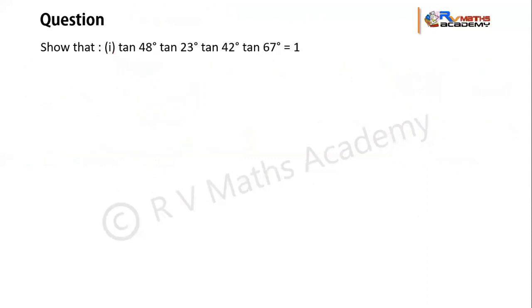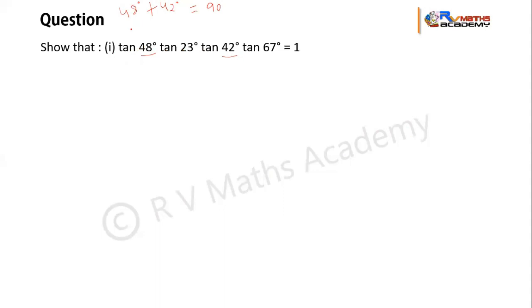Now come to the next question. In this question, you have to show that tan 48 degree, tan 23 degree, tan 42 degree, tan 67 degree is equal to 1. So first, we have to find the angles whose sum is 90 degree. Now you can see here, if you take 48 and 42, they are making 90 degree because 48 degree and 42 degree, if you just add them, their sum is 90 degree.